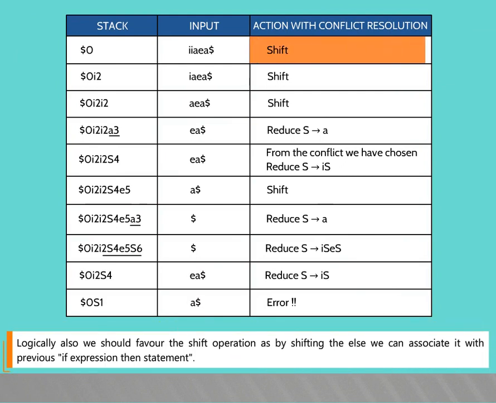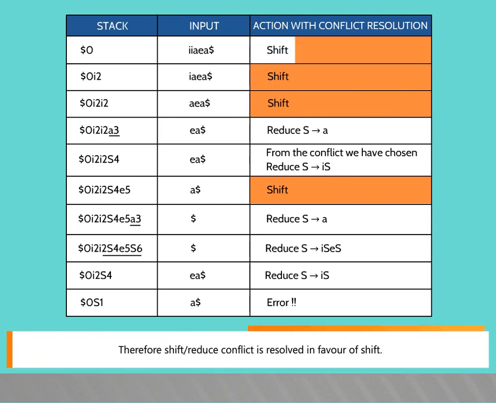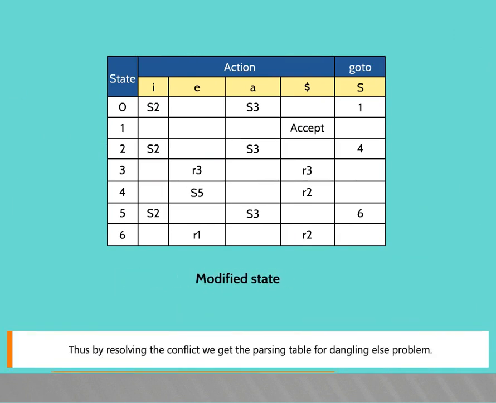Logically also, we should favor the shift operation, as by shifting the else, we can associate it with the previous if expression then statement. Therefore, the shift or reduce conflict is resolved in favor of shift. Thus, by resolving the conflict, we get the parsing table for the dangling else problem.